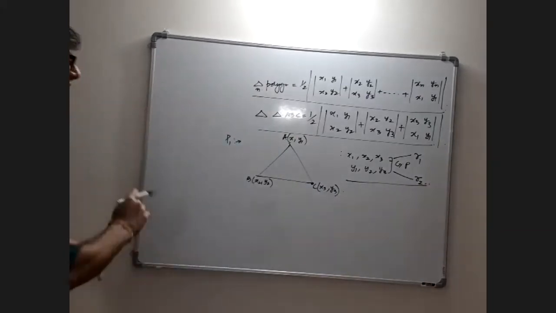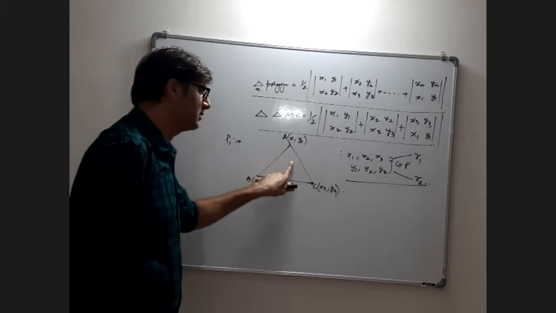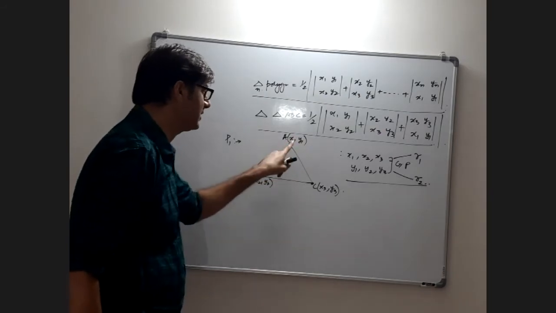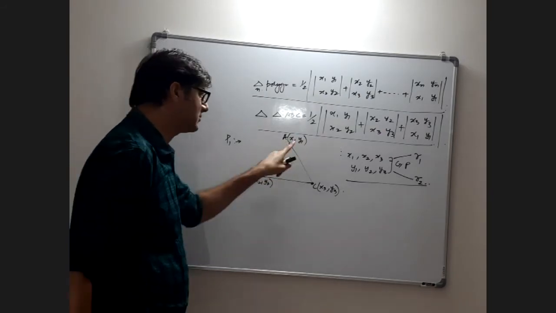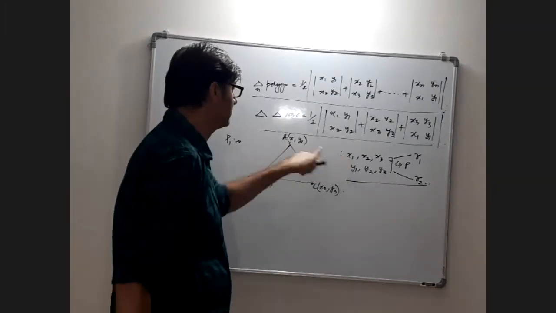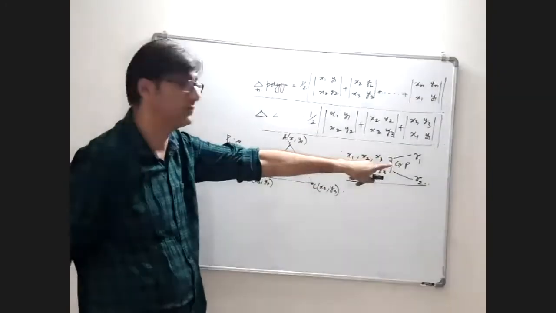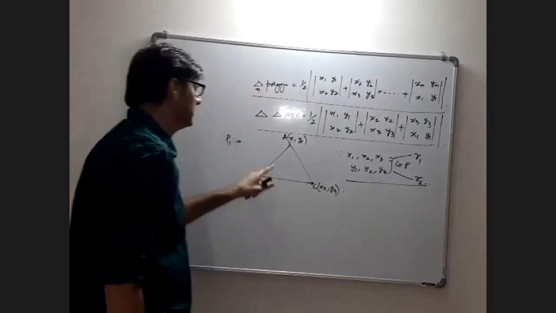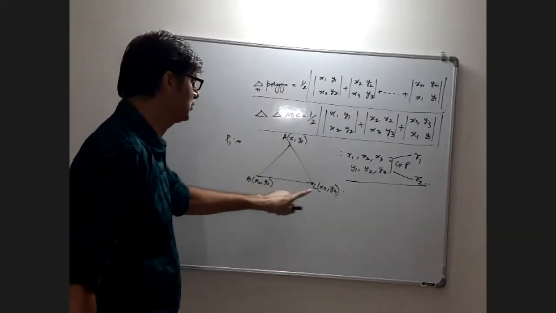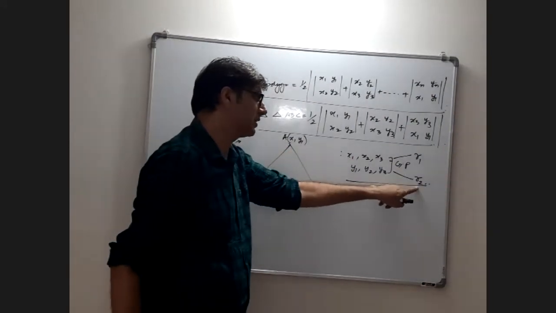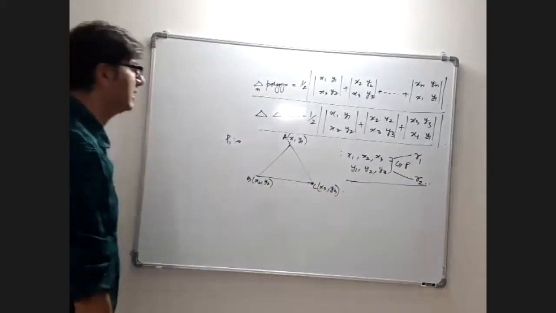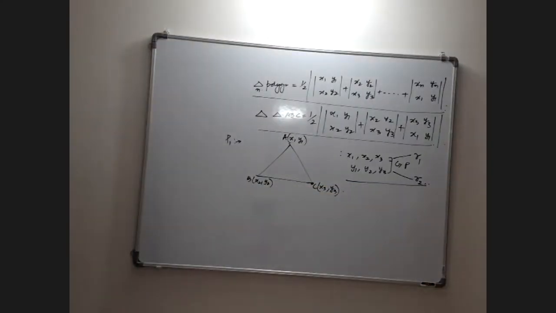So can you find the area of this triangle with the vertices A, B, and C? The abscissas x1, x2, x3 are in GP with the common ratio R1, and the ordinates y1, y2, y3 are also in GP with the common ratio R2. Now, give me the area of the triangle ABC.